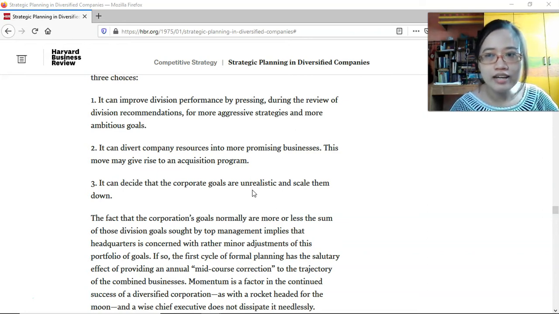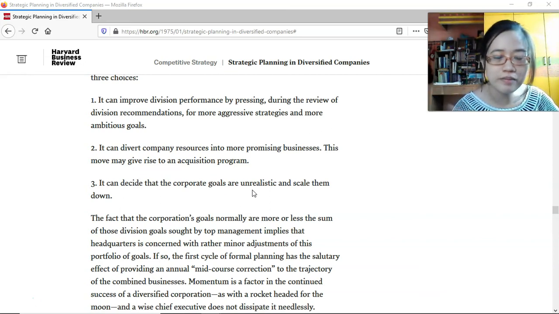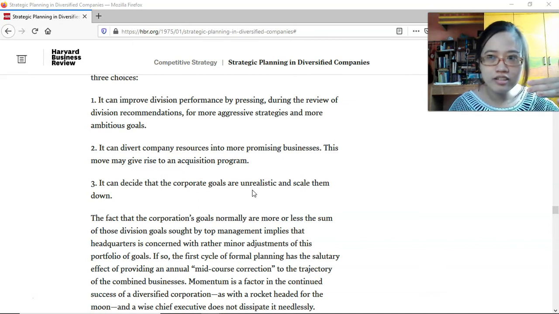So, ang nangyayari, di ba, over the years, nalaman na rin naman nila na since nakatie up kasi yung incentive na matatanggap nila, what managers normally do is that they scale down or lower their goals and objectives into something that they believe is easily achievable. Para pag na-achieve nila, syempre, they get the incentives, right?